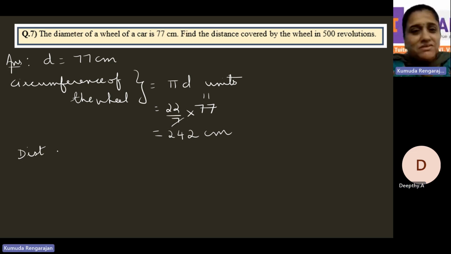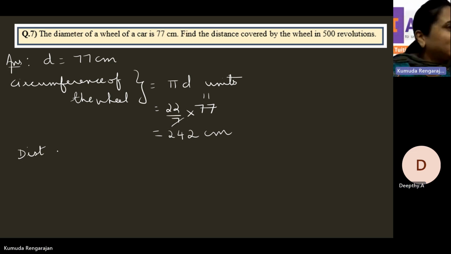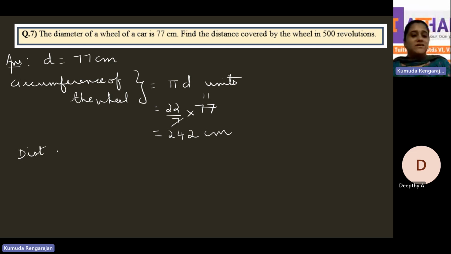Very good, Deepthi. Divided by 500 into 500. Correct. So distance covered in one revolution is equal to 242 centimeters.